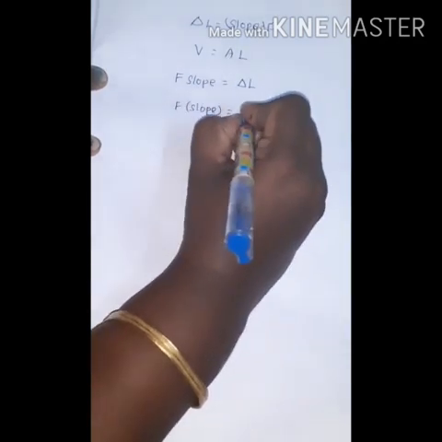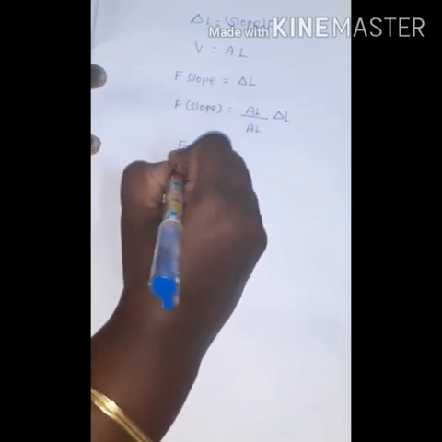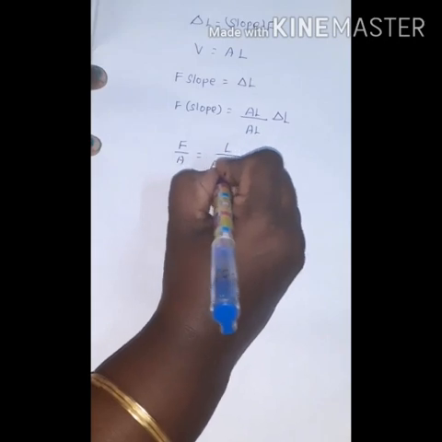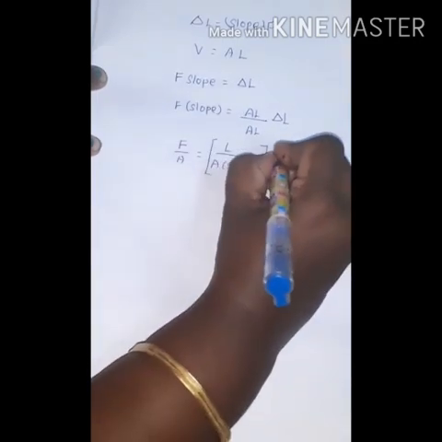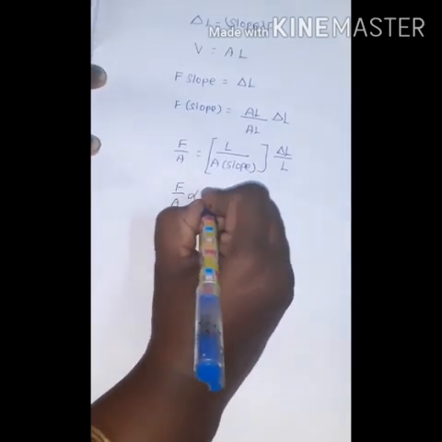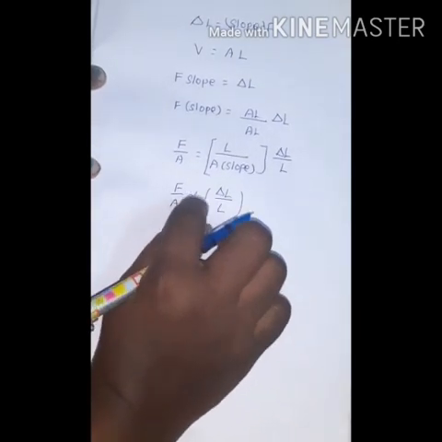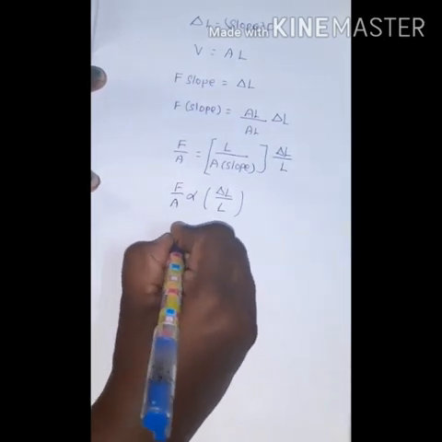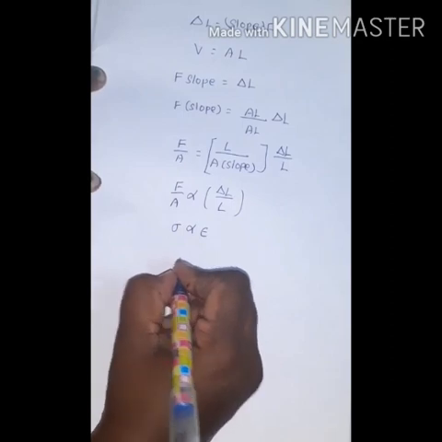Therefore, slope into F is equal to AL by AL into del L. Rearranging this equation, we get F by A is equal to L by A into slope into del L by L. Therefore, F by A is directly proportional to del L by L. This is the stress, this is the strain. Comparing these, we get sigma directly proportional to epsilon. Therefore, the stress is proportional to the strain in the elastic limit.